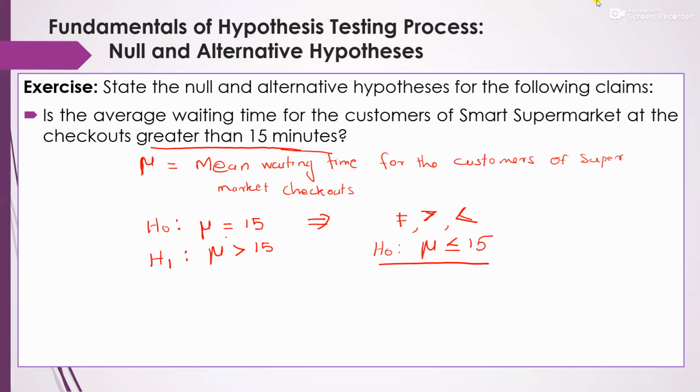So for your convenience, you can just keep it as an equal sign. But when you refer to some books, this possibility you can also get, but the equal sign must be there. So there are two options, less than or equal to 50, and equal to 50, possible under H naught. Right?